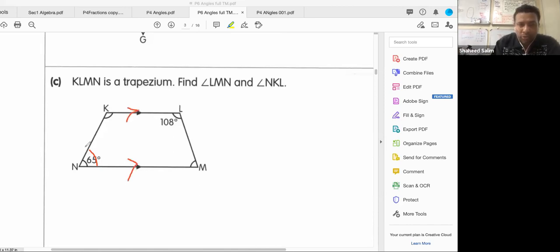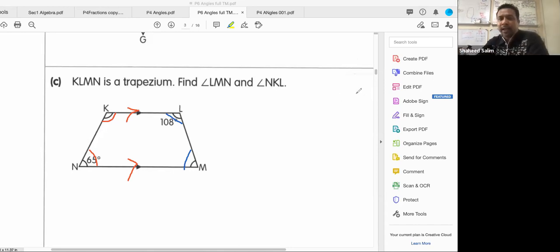The line that joins these two will add up to 180. This one also adds up to 180. You see, Miss Putri, is this one more or less than 90 degrees? So your answer cannot be 115. So that's how you check.